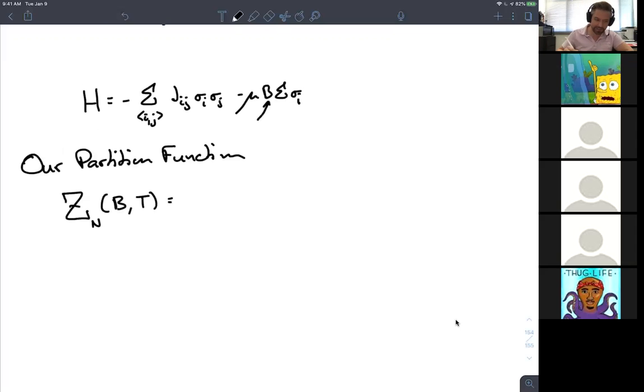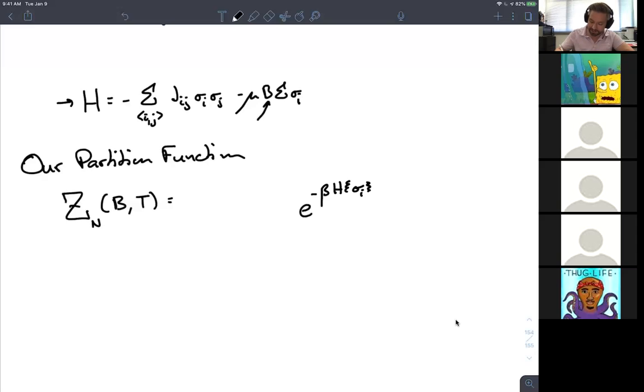And so the way that we can write this, let me give myself plenty of space, is just e to the minus beta H, where H is our Hamiltonian. And when we do this, we have to essentially consider all possible spin configurations, all right?